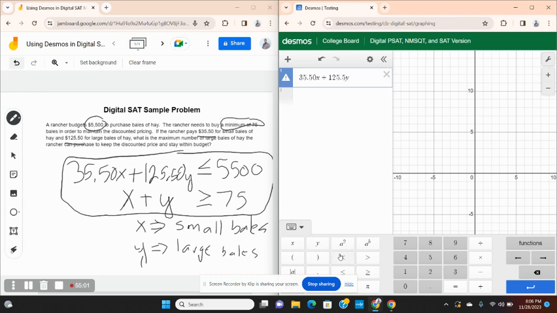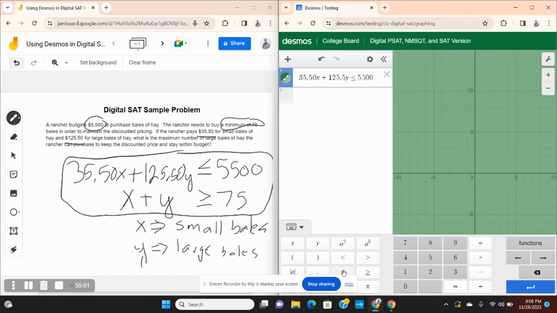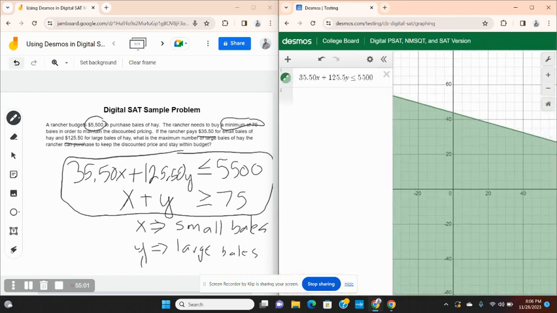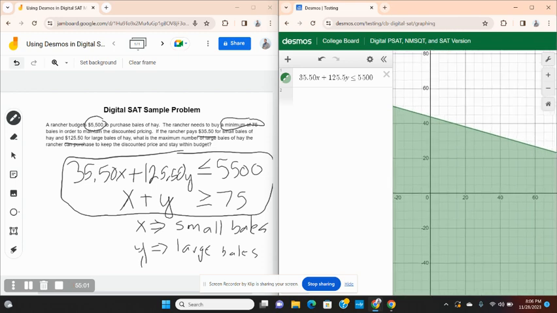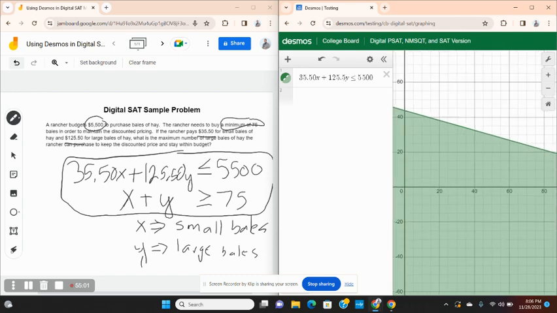If you click on the keyboard, this has to be less than or equal to 5,500. And you can zoom on Desmos there. This shaded region tells me the number of bales of hay, small and large, that I can buy and stay within budget. We really only want to look at numbers greater than 0.